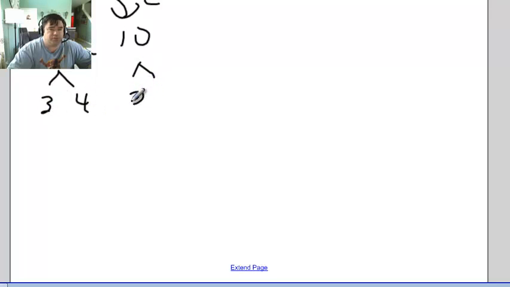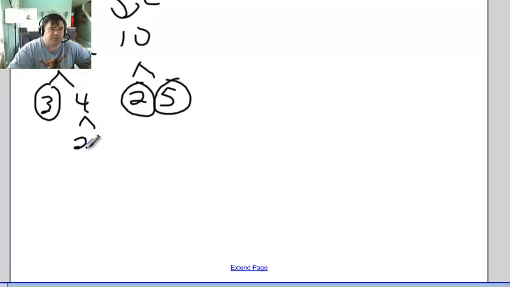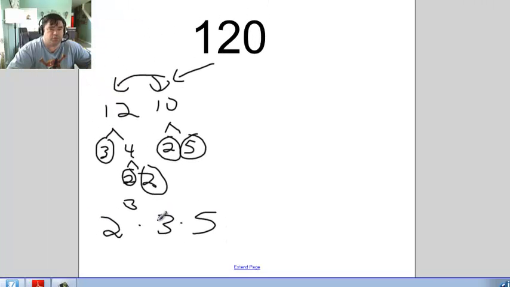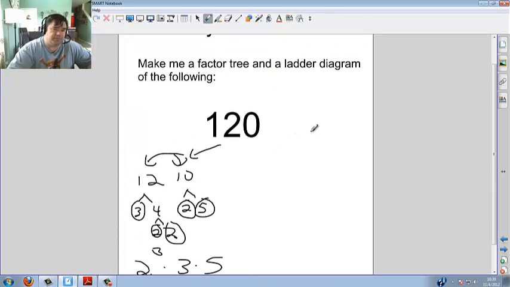And 10 we'll say makes 2 and a 5. 2 and 5, by the way, are prime numbers, therefore the train stops there. 3 is a prime number. 4 breaks down to a 2 and a 2. Notice here how we have 3 2's, so 2 to the 3rd power, 1 3, and 1 5. And if you took 2 times 2 times 2, which would make 8, times 5, which is 40, times 3, which makes 120, we know we're in good shape.